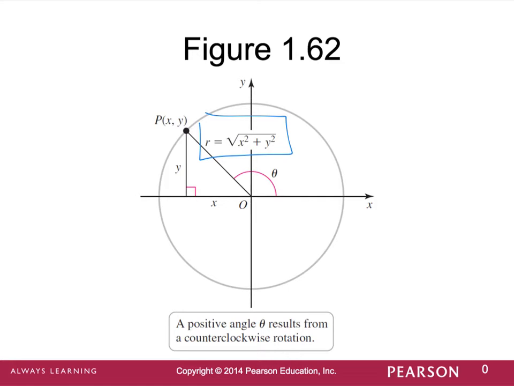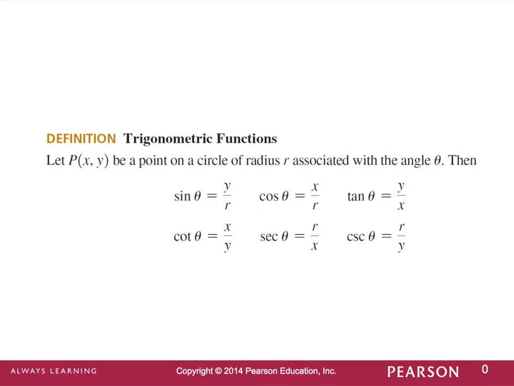And when we measure these angles, we always want to go in a counterclockwise direction. That is our positive direction. So opening up in the counterclockwise direction gives us a positive angle theta. So if we translate those 6 trig functions from the opposite, adjacent, and hypotenuse vernacular to x, y, and r, we can get these 6 definitions right here.